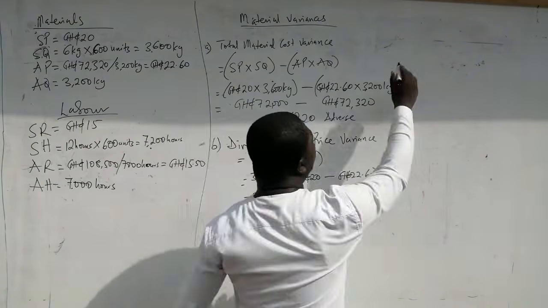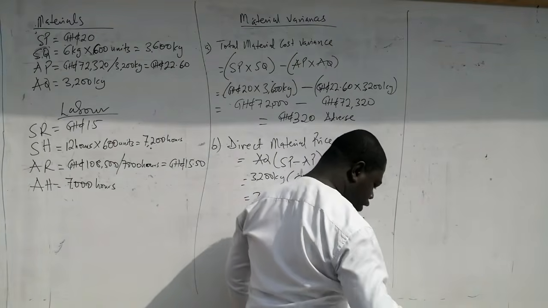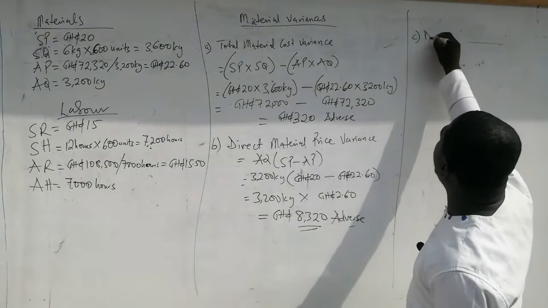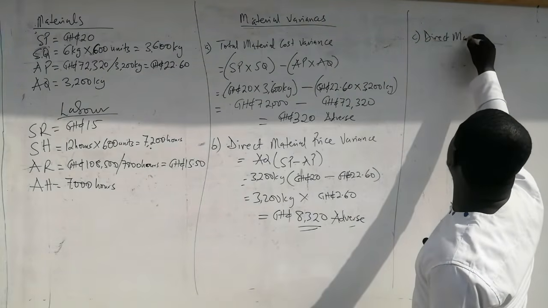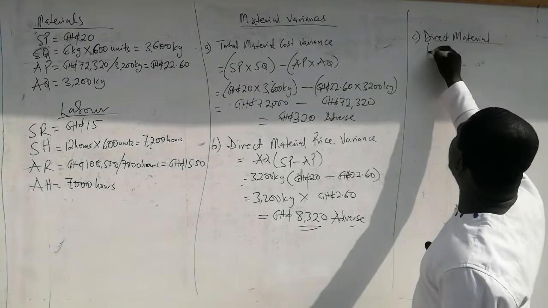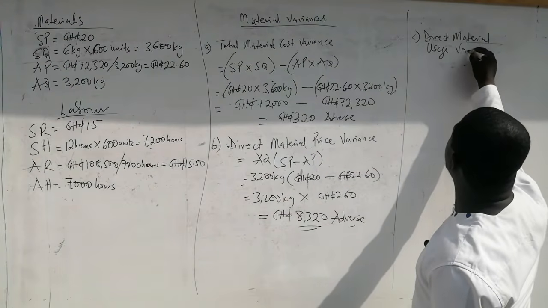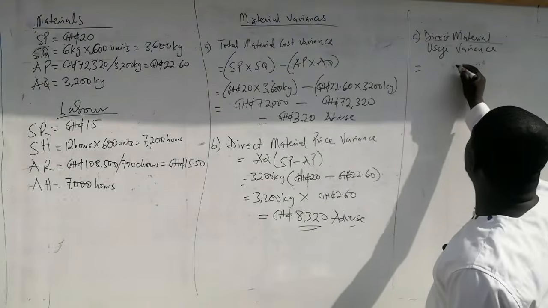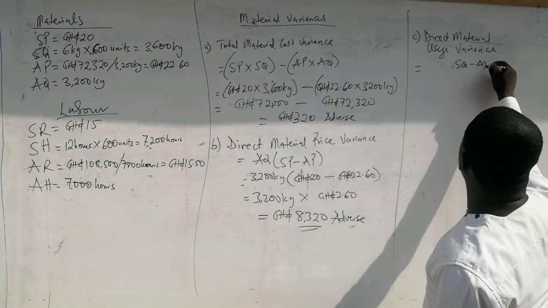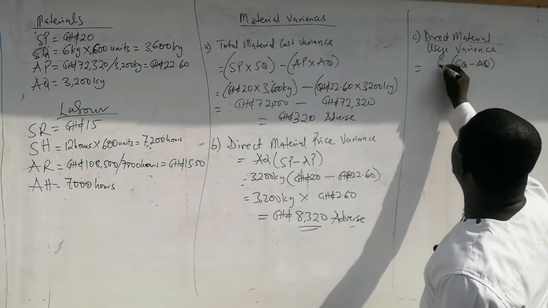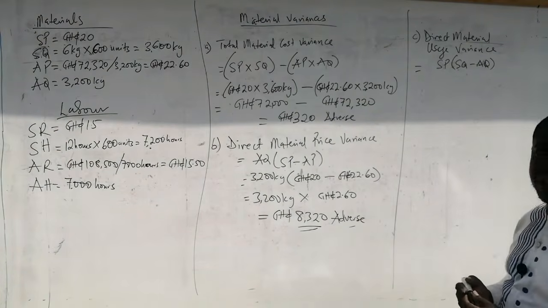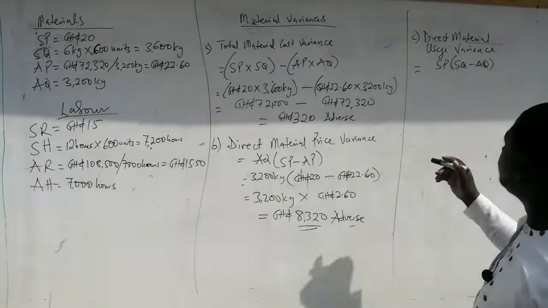Okay, then we move on to find the usage or the quantity variance for materials. And so our direct material usage or quantity variance, the formula is also given by your standard quantity minus your actual quantity in bracket valued at your standard price. And so once you know the formulas, all you need to do is to put in your figures.